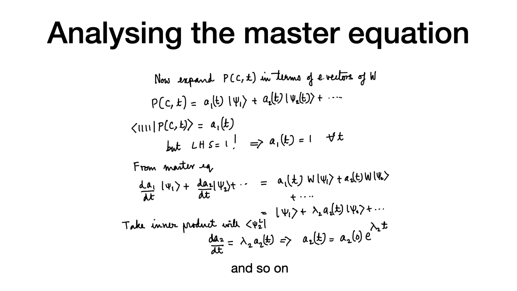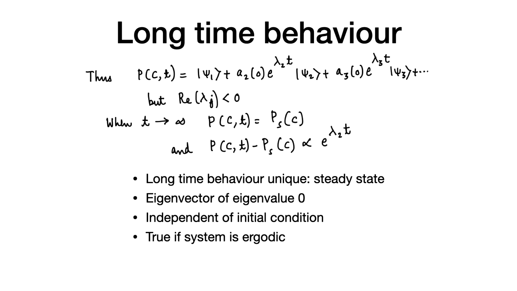So now I have solved for all the coefficients in terms of the eigenvalues of W. Now I plug it back into my expression for probability of C, which is A1 of t times psi 1 plus A2 of t, A3 of t and so on. But remember that the real part of lambda 2, lambda 3, lambda 4 all are negative.